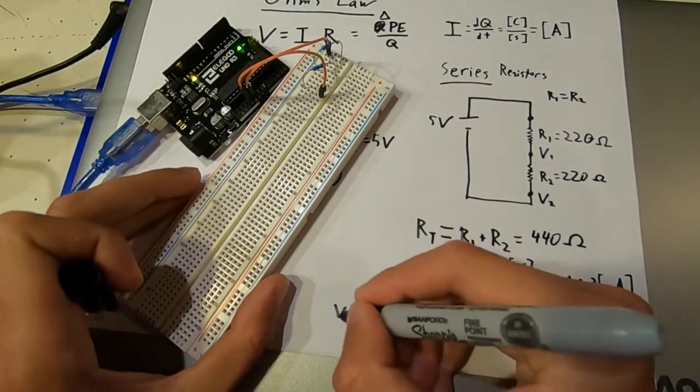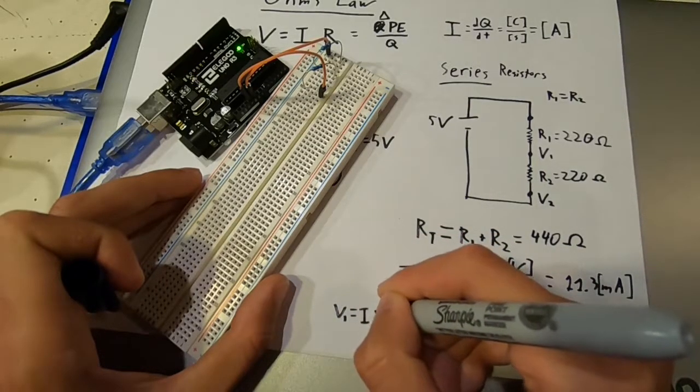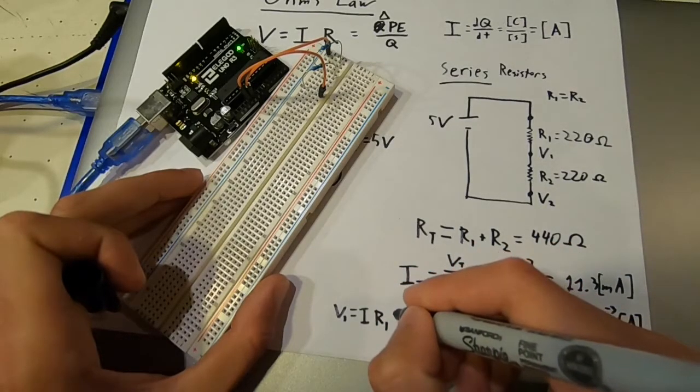So the voltage across the first resistor is going to be proportional to the resistance across that first resistor.